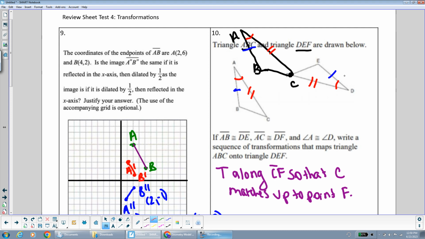We know that AB is supposed to match up with DE, because they're congruent, and we know that AC is supposed to match up with DF because they're congruent.